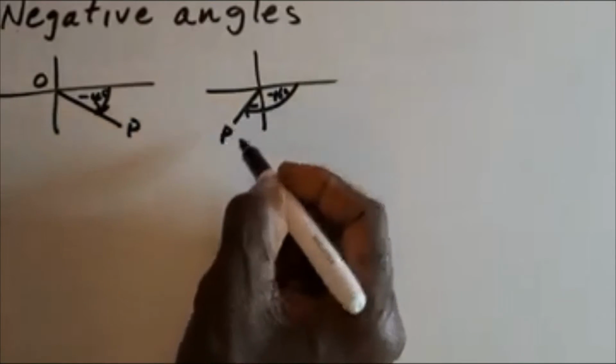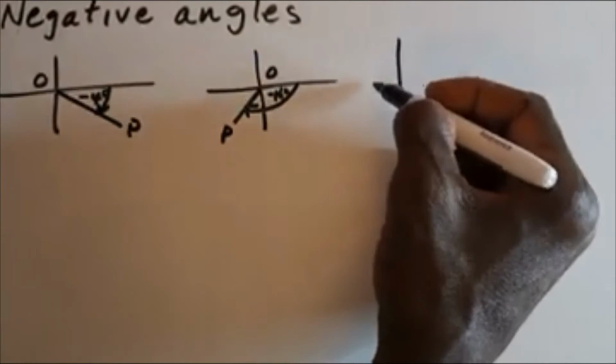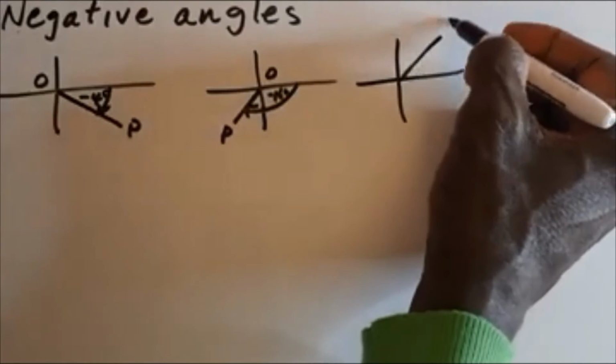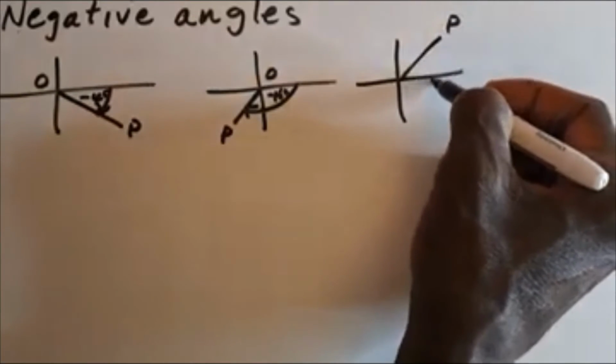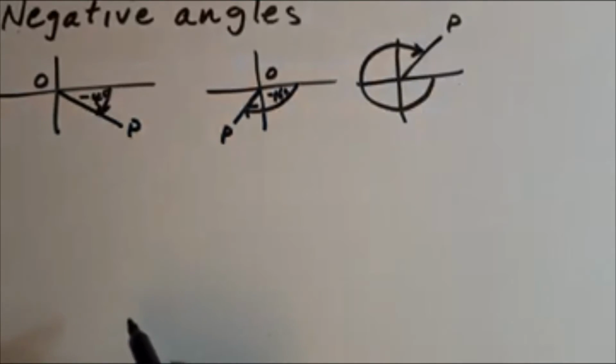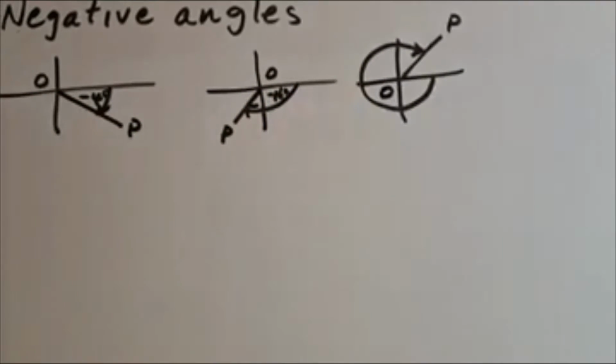This is P. Or we can have it rotating into this quadrant. This is the origin, and this line of rotation is the angle theta.